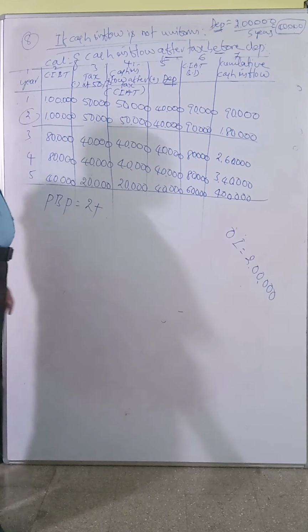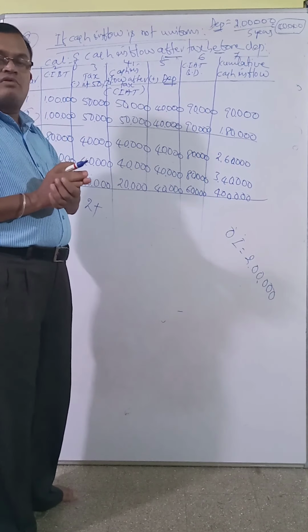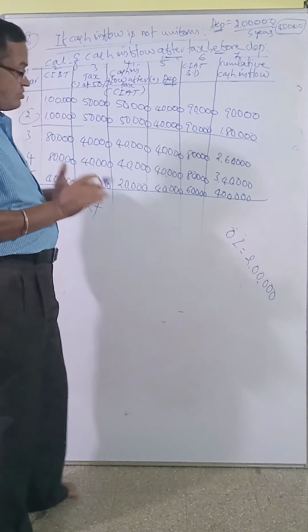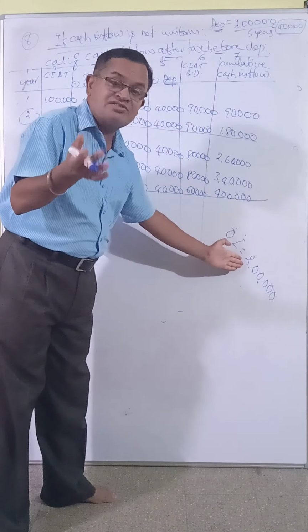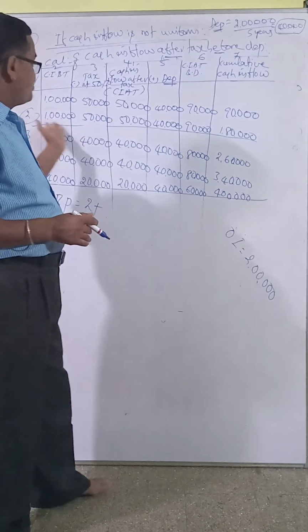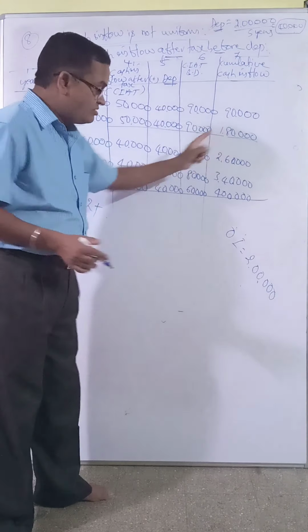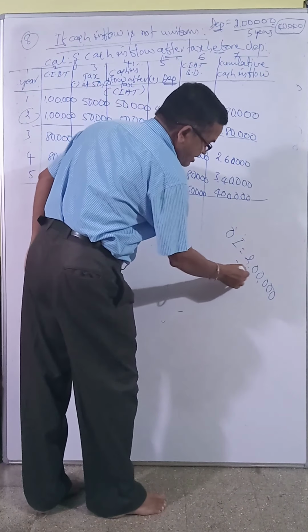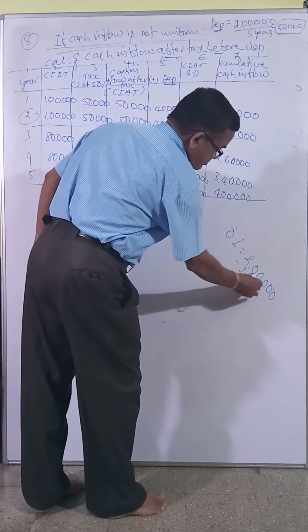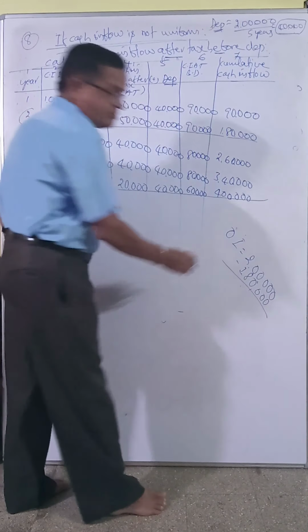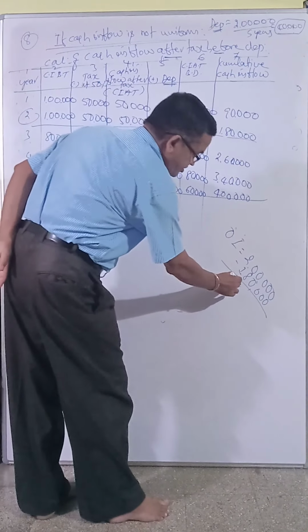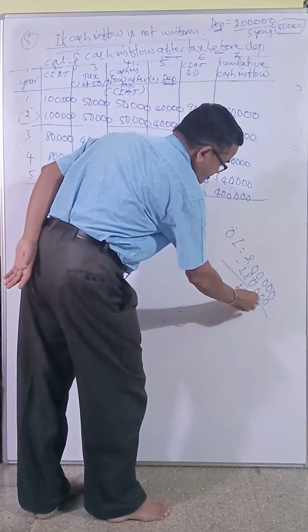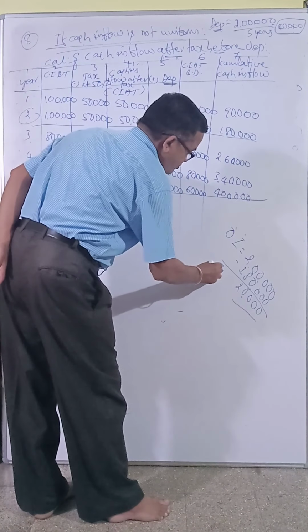Plus the balance cash inflow, or required cash flow. Out of our original investment, the cost of machine is 2 lakh. You deduct how much was recovered in the second year, 1,80,000. So 20,000. This is called balance cash inflow.